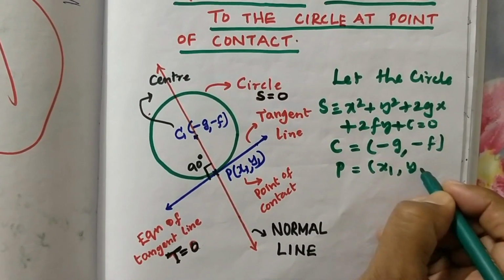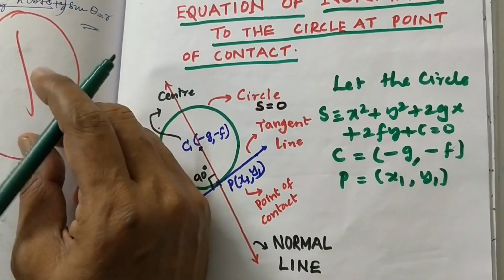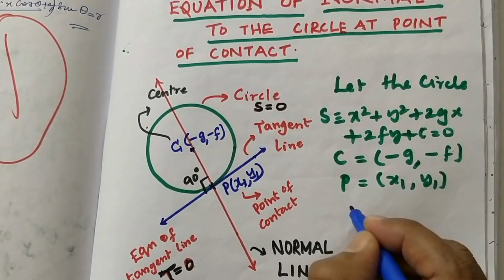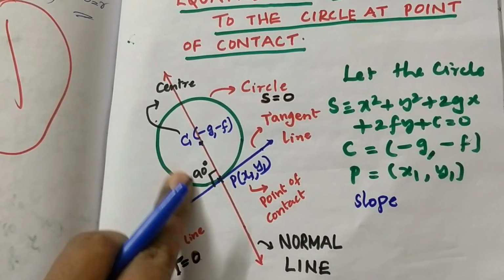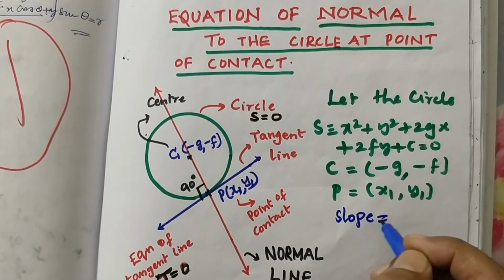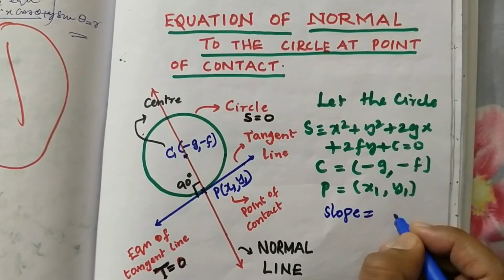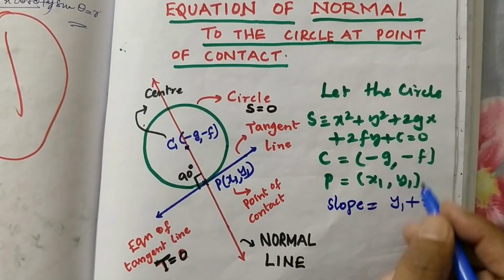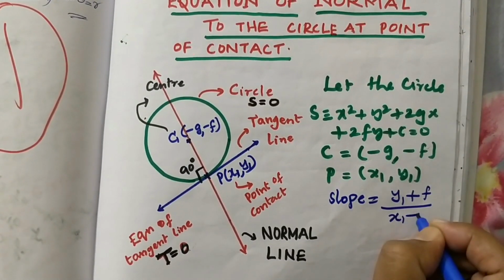What is the slope of this normal line? If you know the two points, the slope is y2 minus y1 by x2 minus x1. So y1 minus of minus f, that is y1 plus f, by x1 plus g. This is my slope m.